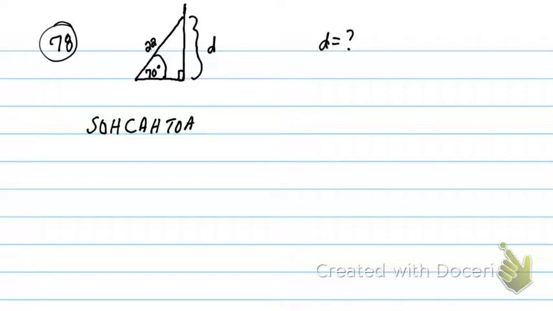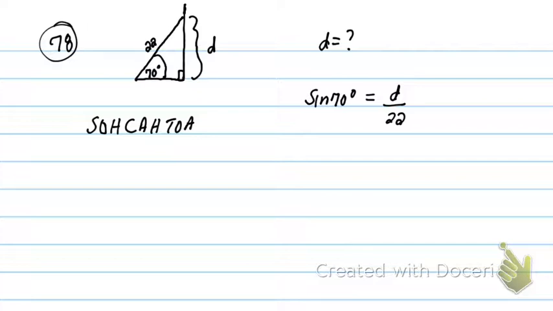D. And what else are you given? The hypotenuse, which is how much? So what trig function takes opposite over hypotenuse? Sine. So you can say sine of 70 degrees would be D over what? 22. Am I right?